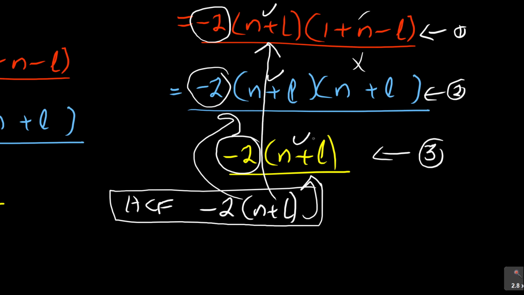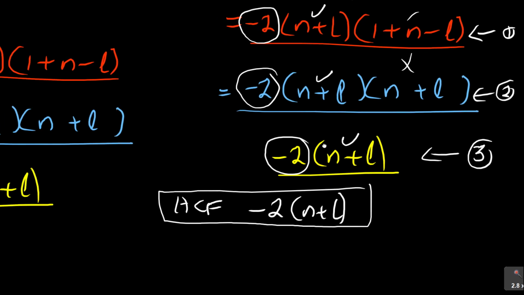So it's the common factor in this case. It means it can go in there, it can go in there, and it can go in there. Alright, that's how you get the answer. So the answer here was -2 n l.